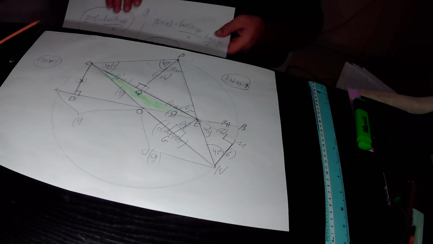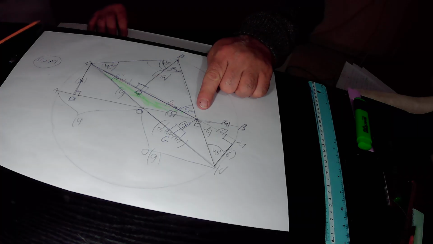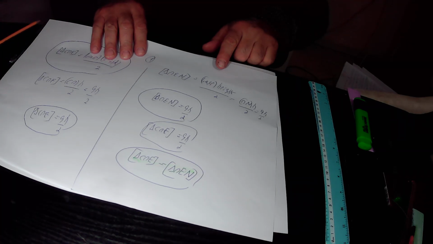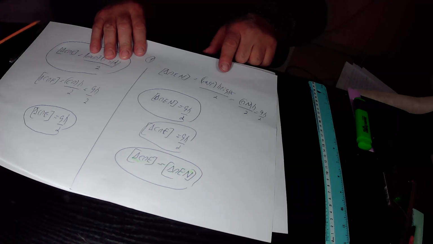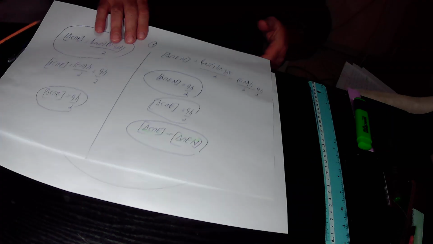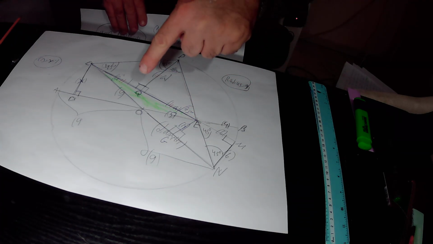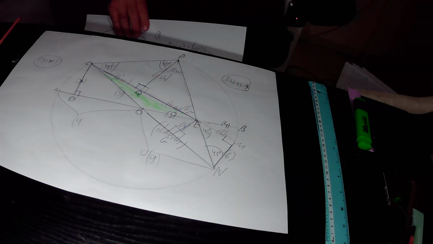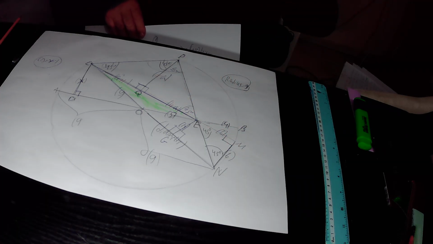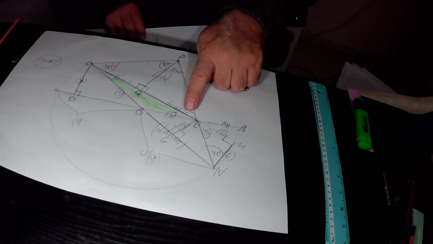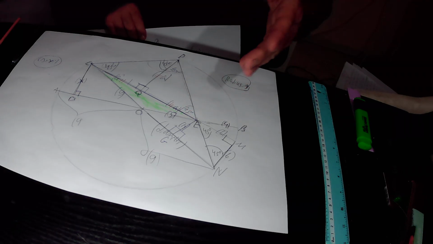Likewise, we calculate the area of this lower triangle, triangle OEN. The area of any triangle equals the base of the triangle times the height to the base over 2. We choose the base of this triangle OEN as ON, and the height to the base must be at 90 degrees to the base. EG is at 90 degrees to the base, therefore EG is the height to the base ON of this lower triangle OEN.